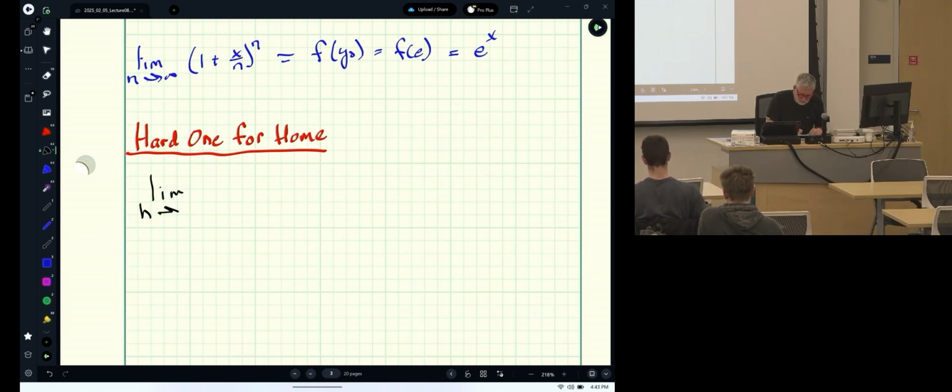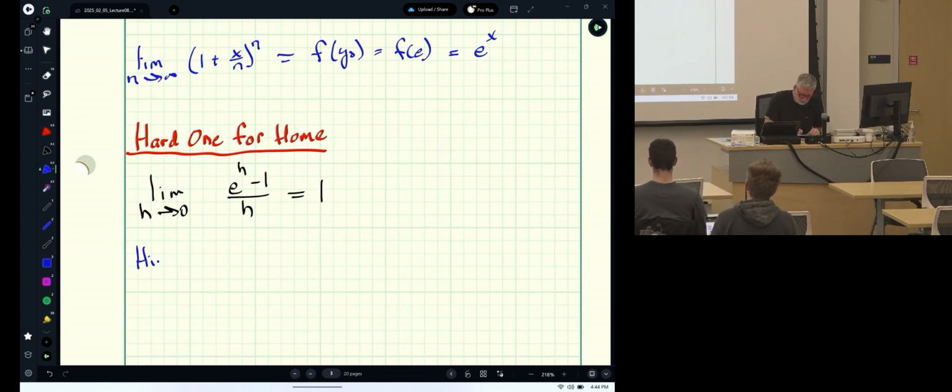The limit as h goes to 0 of (e to the h minus 1) over h is equal to 1. So show that. So just like we needed a change of variable to get e to the x, that's the hint. Do a change of variable.